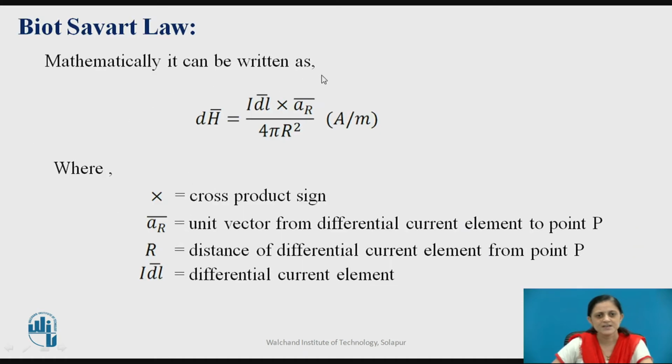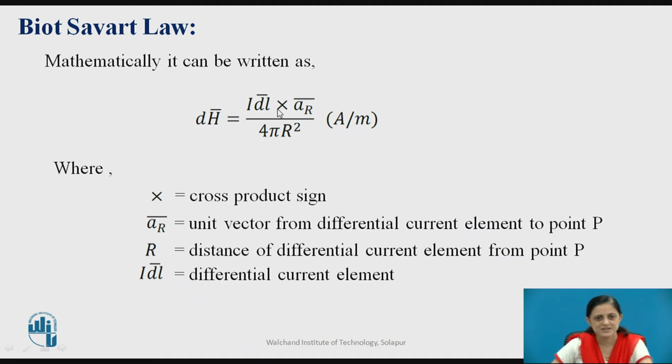Mathematically it can be written as this equation: dH bar is equal to I dl bar cross a bar R upon 4 pi R square, and the unit for this dH bar is ampere per meter, whereas this sign is nothing but the cross product sign.